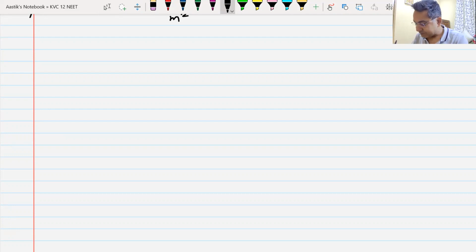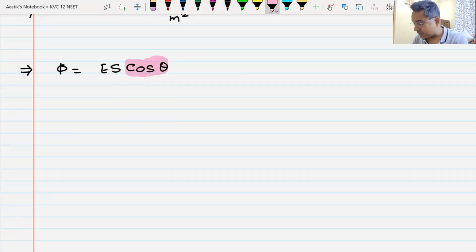Electric flux in the simplest case is given as E S cos theta. Whether it is positive or negative depends on the value of cos theta, right? If cos theta is positive, flux will be positive. If cos theta is negative, flux would be negative.